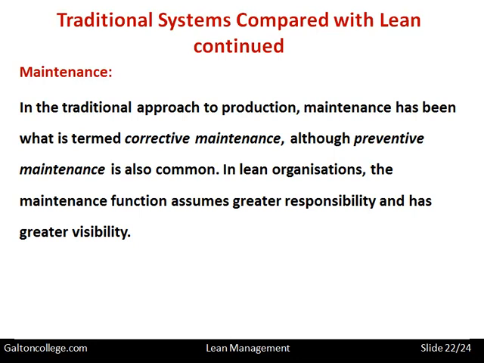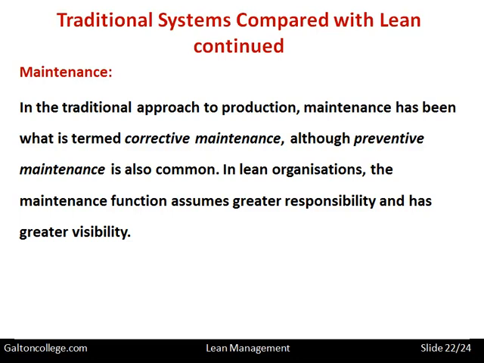Maintenance. Well, in the traditional approach to production, maintenance has been what is termed corrective maintenance, although preventative maintenance is also common. Now, let's just talk about that for a second. With a production system, corrective maintenance is realigning the machines and making sure that anything that's gone wrong has been corrected.